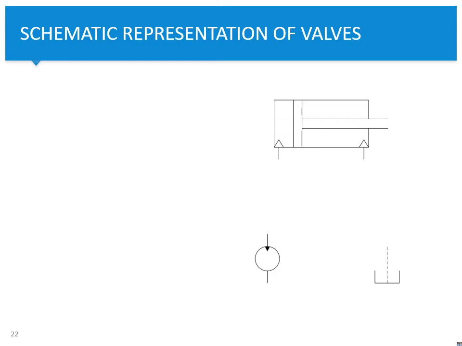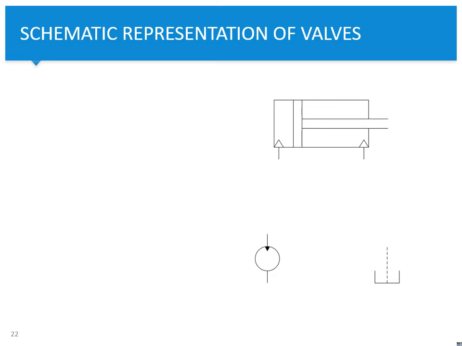So let's continue, because I actually know that it's a double acting cylinder, so I need at least two different flow directions, extending and retracting, and I need a rest position as well.